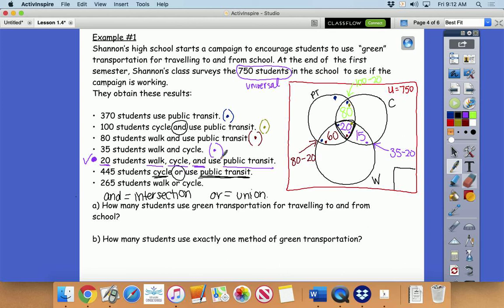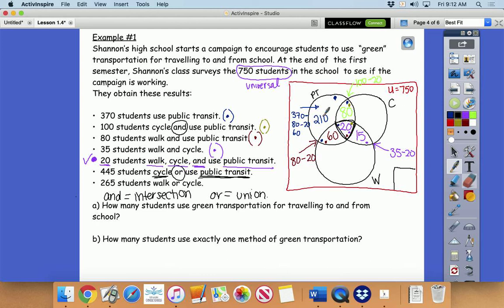Since we have 3 of the 4 parts, we can now find out this piece right here. So in order to get that, we're going to take 370, we're going to subtract the 80, the 20, and the 60 that are part of that Venn diagram circle. So if we subtract 60, 20, and 80, you should get 210 right here. So that would be people that take public transit only.